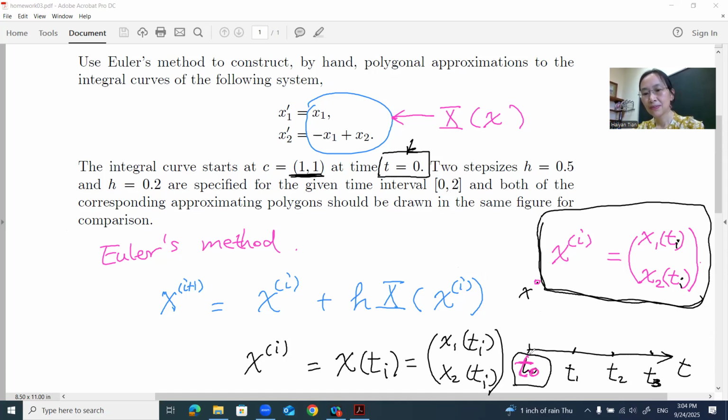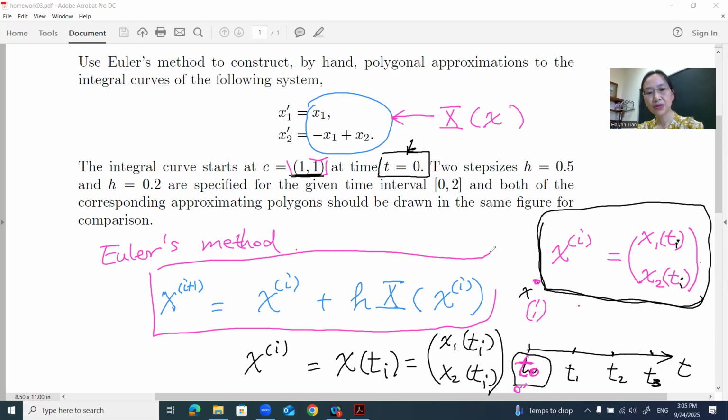So we're given, actually, in our problem, t0 is 0 and x superscript 0 is 1, 1. So we have that one already, 1, 1. So that vector is given. And then at t1, what's the solution vector by this method? So you just use Euler's method.